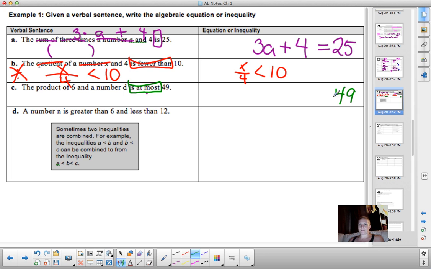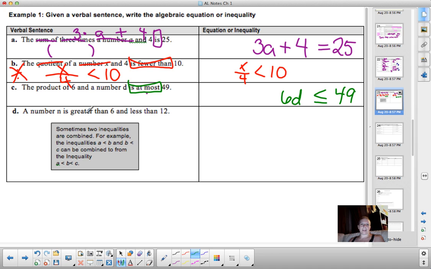I have at most $49. So whatever it is that I have, once I translate that sentence, has to be smaller or equal to 49. Let's write down an expression for what I have. The product of 6 and a number D: 6 times D.